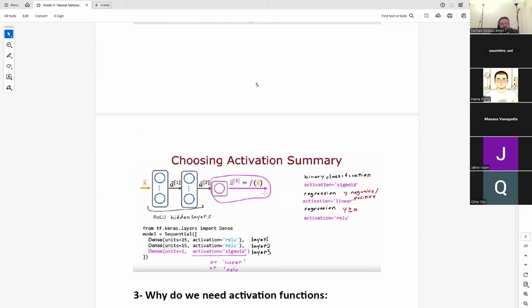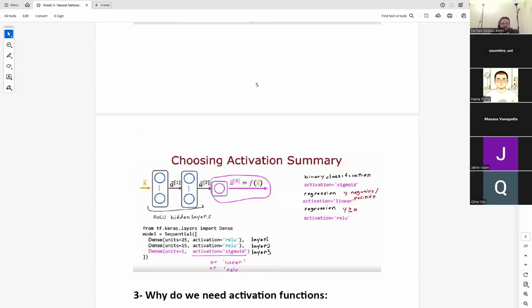If you are working on a regression application with negative or positive values, the activation function here should be the linear activation function. If you're working on regression, but the output is a positive or zero value, then the activation function on this node would be ReLU again, like the hidden layers. It depends on your applications.